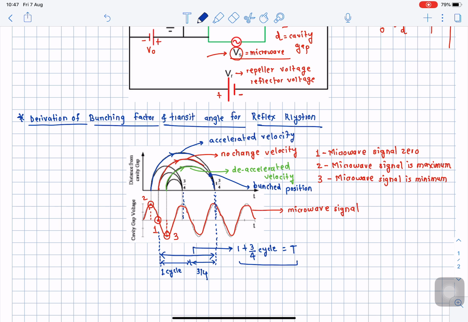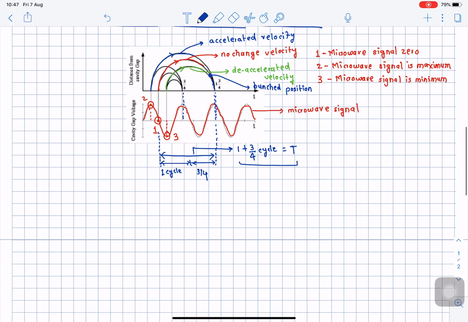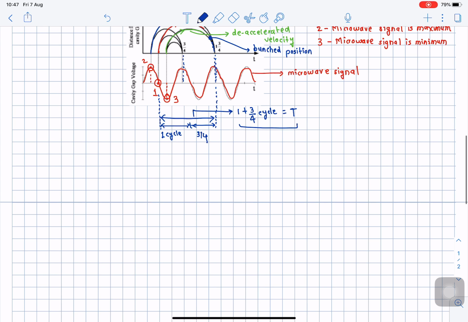Again we begin with the fundamental initial velocity of the electrons. We know how the velocity of electrons is given when it is released by the cathode. Velocity of electrons, we will denote that with small v0.